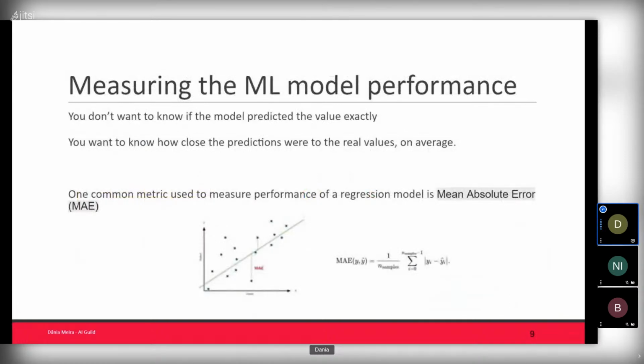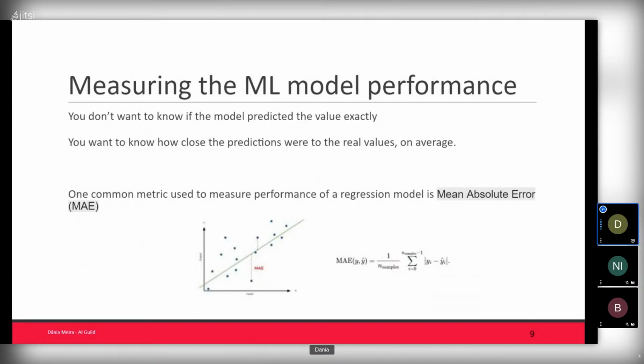Finally, before we move forward to the hands-on part, let's measure the model performance, right? So what we want at the end is not actually to know if the model predicted the actual conversion rate.